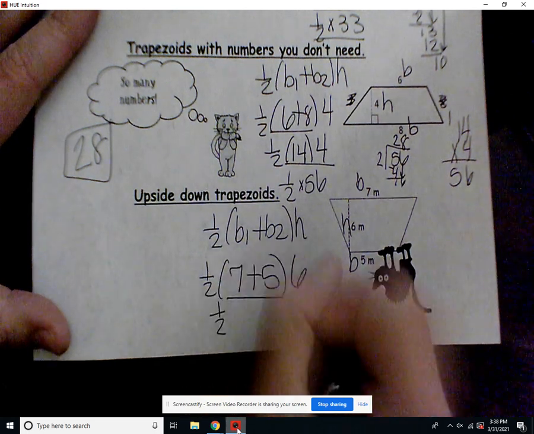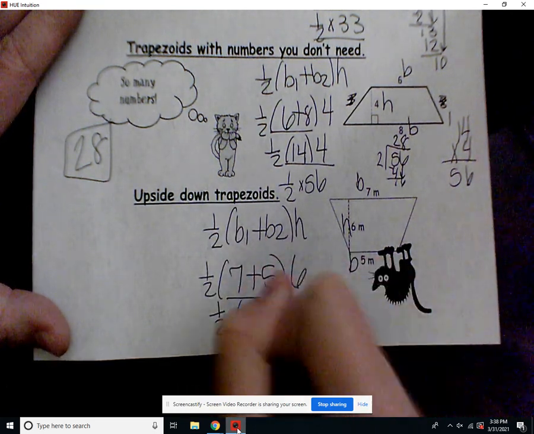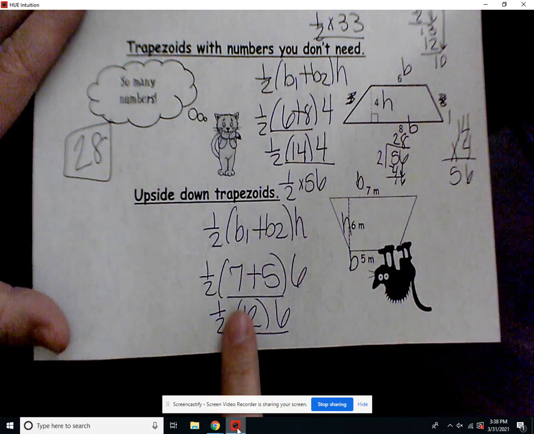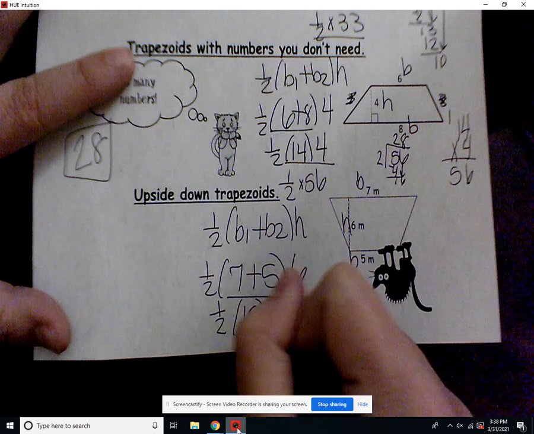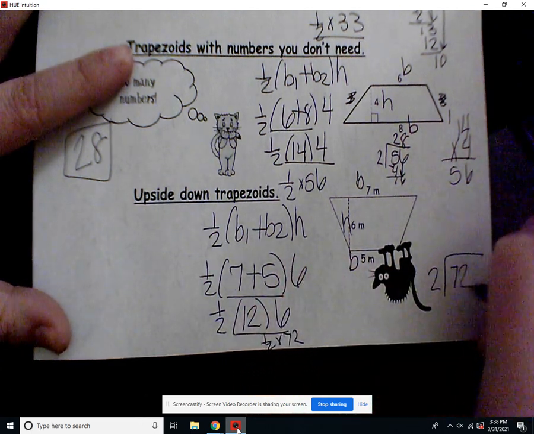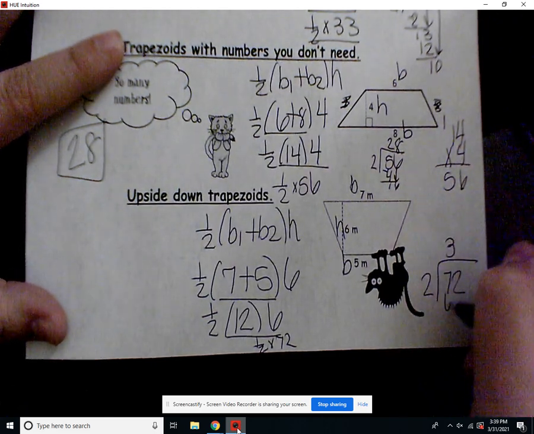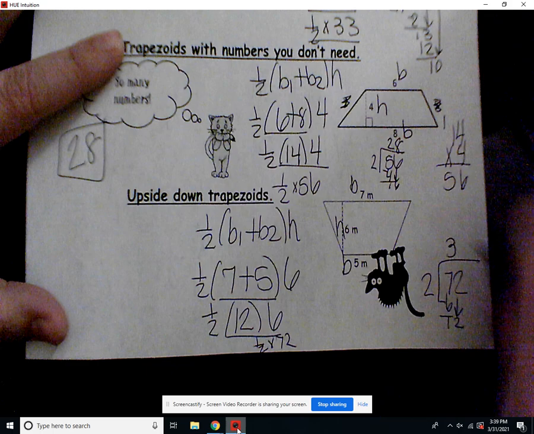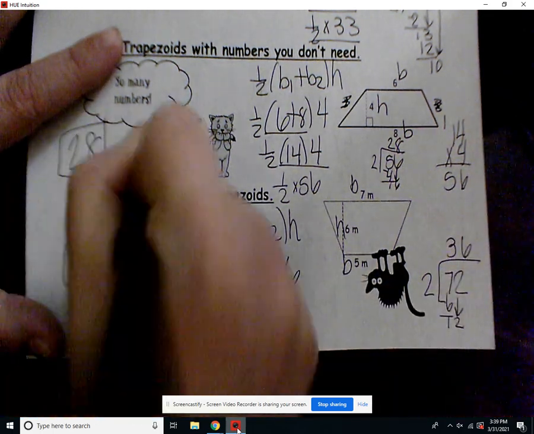So I'm going to add my bases, which is 12. Then I'm going to multiply 12 and 6, which is 72. And then the last step is to half 72. So we're going to divide it by 2. And we get 36 meters squared.